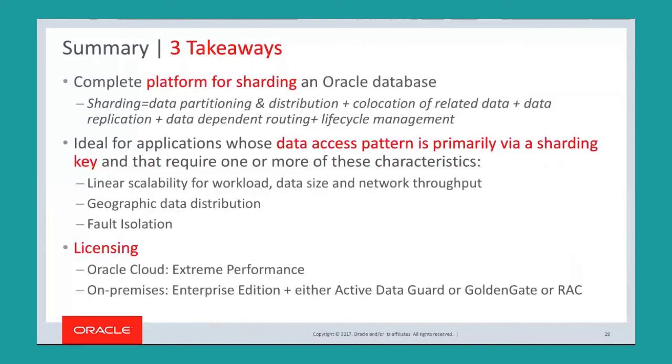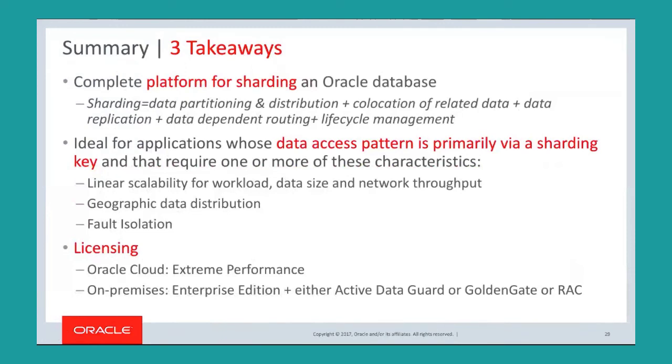And we did routing with Oracle Net listeners. They've been there forever. They have been beefed up for a distributed environment now. And then the lifecycle management, right? All the time-tested technologies we always had have been put together, and we built a great solution for a distributed environment. And the important thing is it's ideal for applications where the data access pattern is primarily via sharding key.